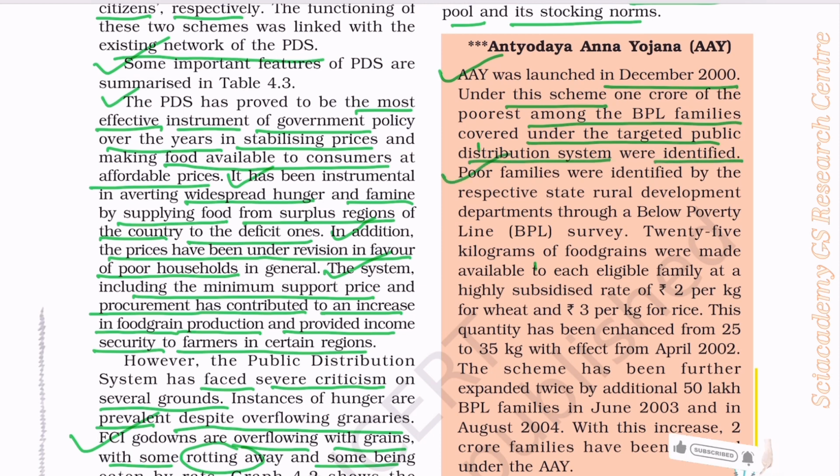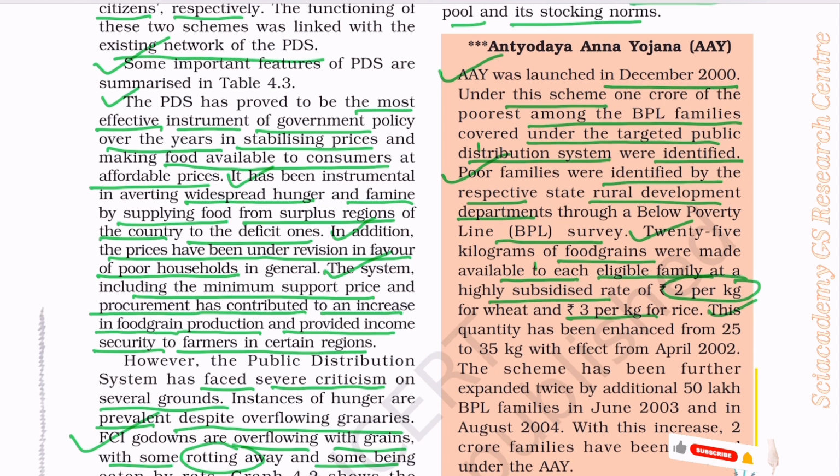Poor families were identified by the respective state rural development departments through a below poverty line survey. 25 kilograms of food grains were made available to each eligible family at a highly subsidized rate of 2 rupees per kg for wheat and 3 rupees per kg for rice.